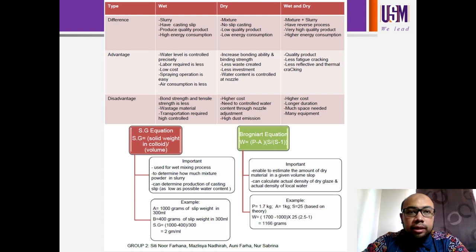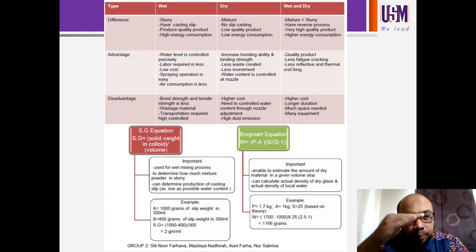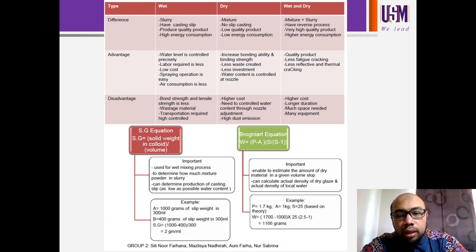Also, importantly, when you perform the wet mixing method, the worst case scenario most likely to happen is that sedimentation will occur. Sedimentation means that after a while of mixing using the wet mixing method, you can see the separation between the liquid and the ceramic powder.